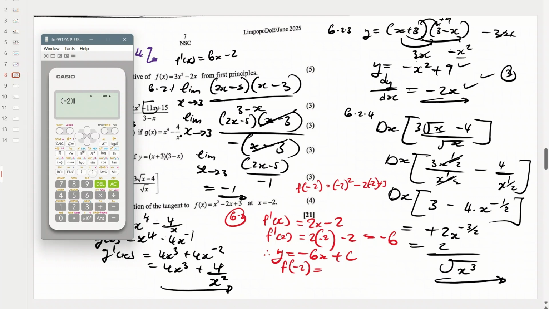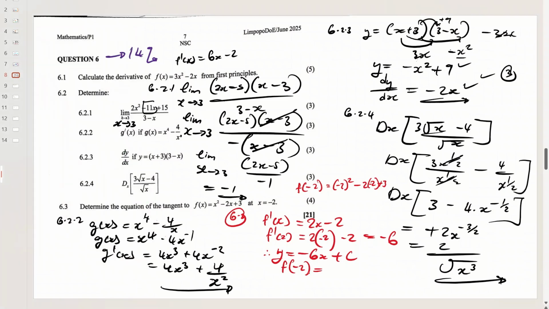Negative 2 squared, minus 2, minus 2, plus 3. That is 11. So y is 11. So this tells you the point where the tangent touches the curve is negative 2 and 11.